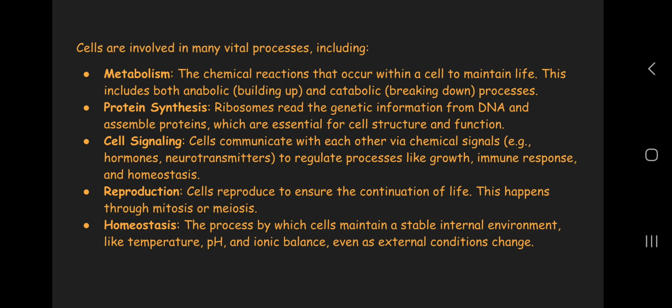Ribosomes read the genetic information from DNA and assemble proteins, which are essential for cell structure and function. Cell signaling. Cells communicate with each other via chemical signals, hormones, and neurotransmitters to regulate processes like growth, immune response, and homeostasis. Reproduction. Cells reproduce to ensure the continuation of life. This happens through mitosis or meiosis.